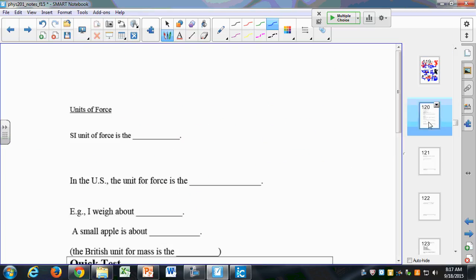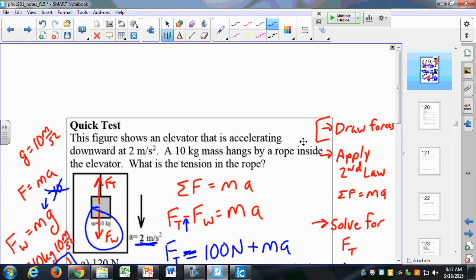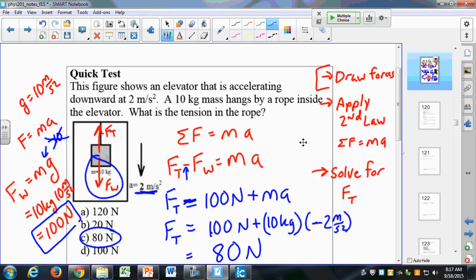Okay. Now let's step back. Just want to review sort of the process here. Remember, we draw our forces. Each problem you have will have the same procedure, but each one is also a little bit different, right? So they're kind of like getting a puzzle and trying to figure out how to undo the puzzle. But you follow the same procedure each time. You draw the forces, you draw your coordinate system.